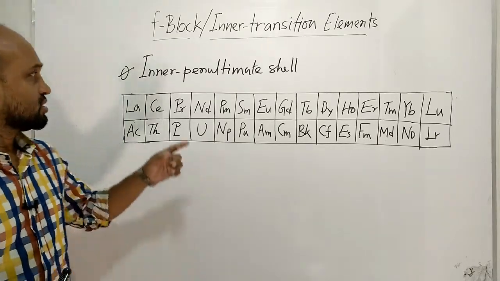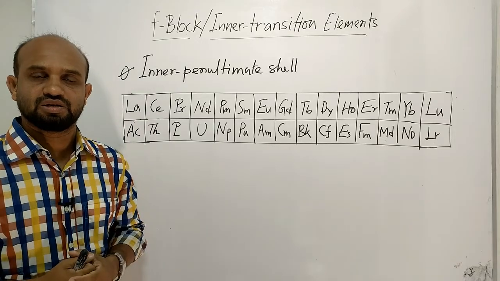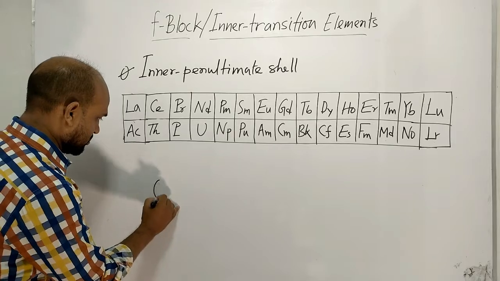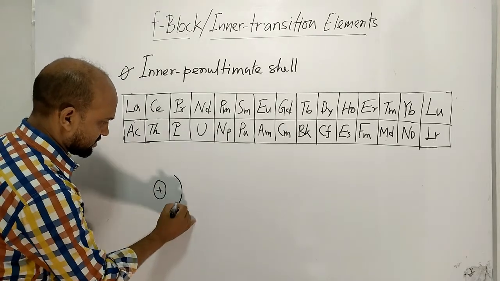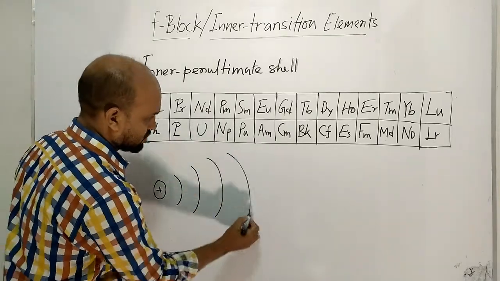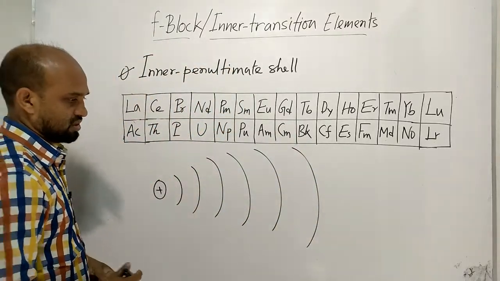Now the point is inner penultimate shell. Let's see which shell is called inner penultimate shell. Let's consider an atom. This is its nucleus. This is first shell, second shell, third shell, fourth shell, fifth shell, sixth shell, like this.